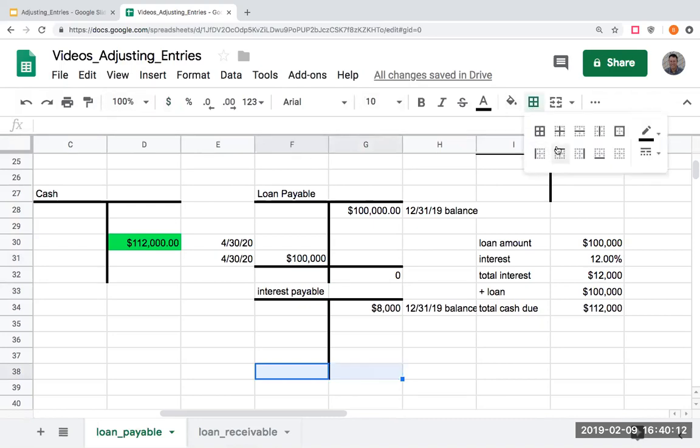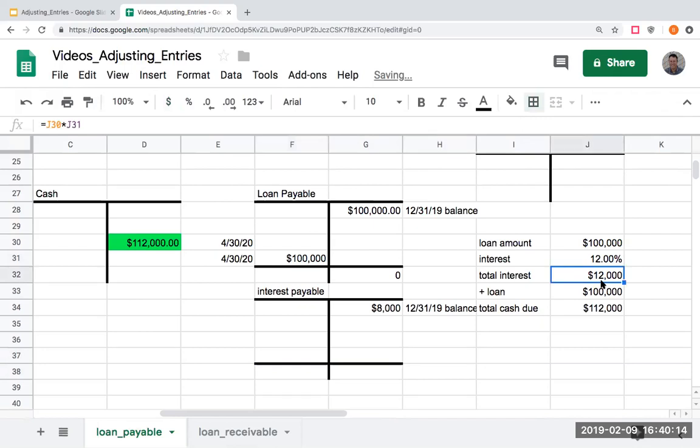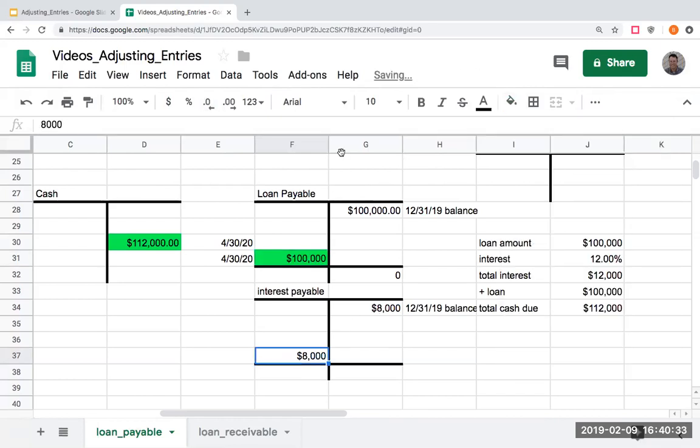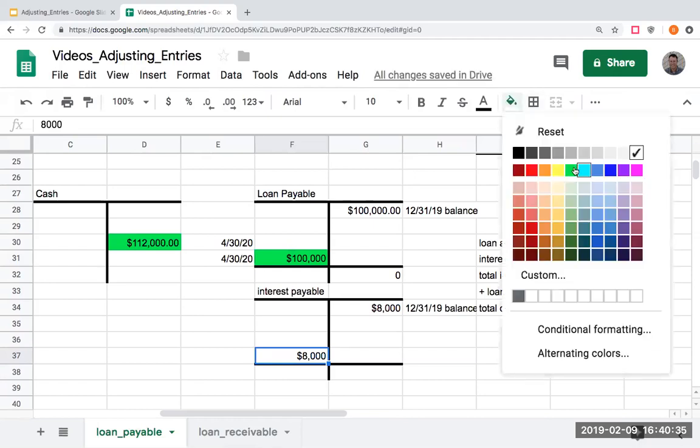The answer to that is no, because I'm paying back the interest. But here, I only have interest payable on my books of $8,000. So I'm going to debit interest payable here for $8,000. And we're going to denote these here with this green part, okay?